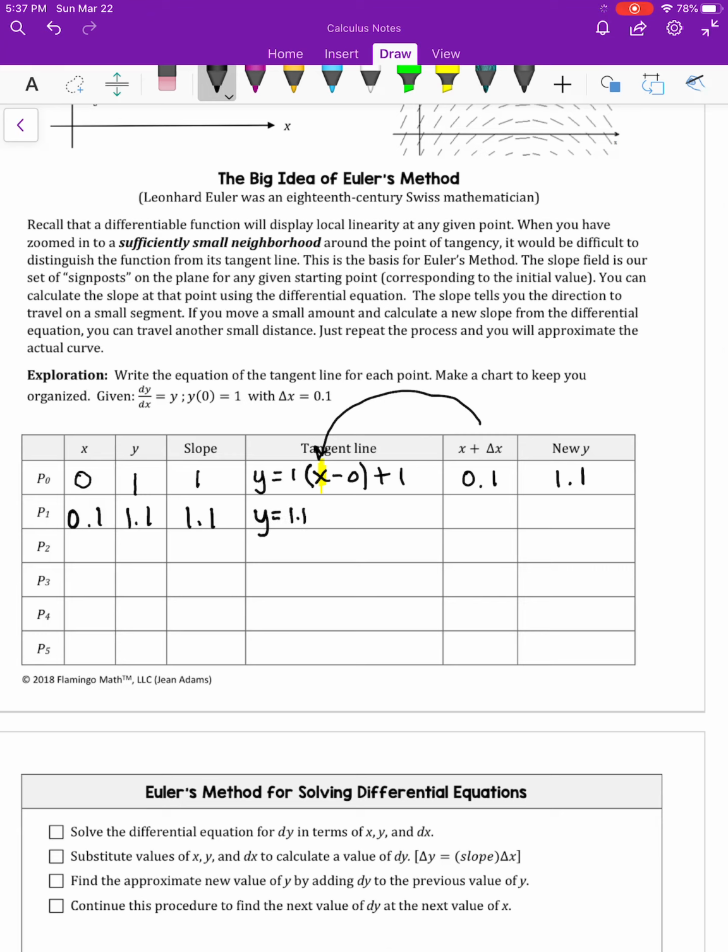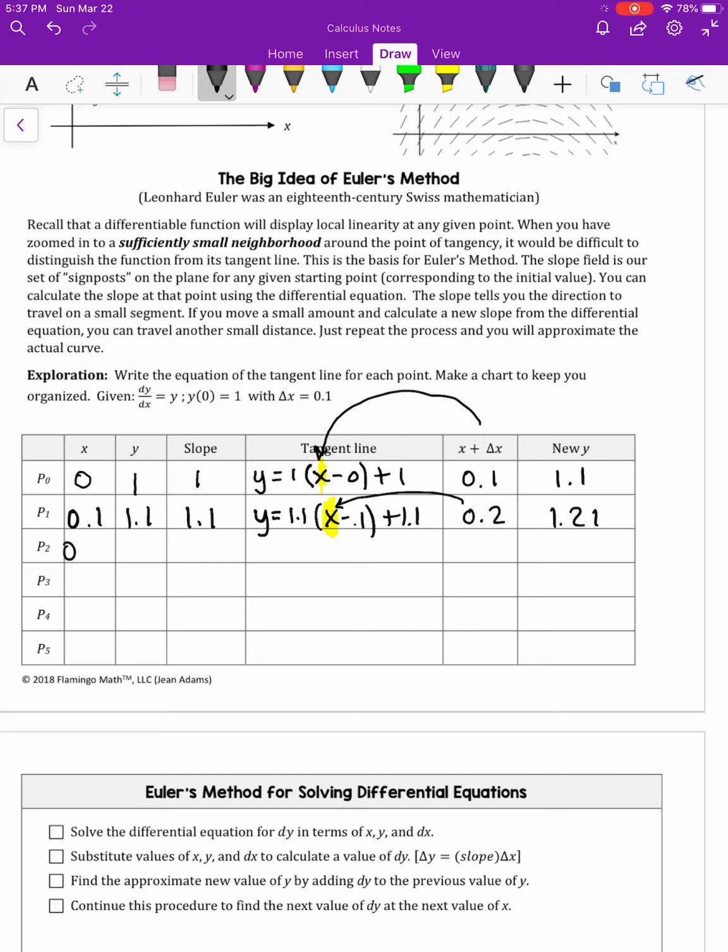Now you create the equation of the tangent line, so your slope is 1.1 times x minus 0.1 and then plus 1.1. And so your new x value would be 0.2, and you're putting that into the x and finding the y value on that tangent line.